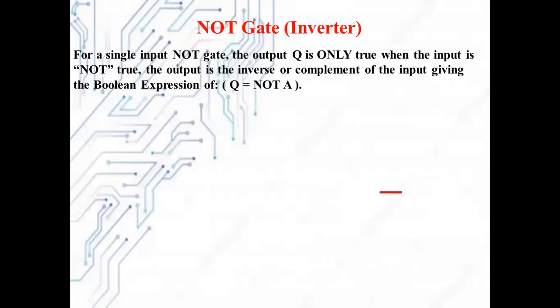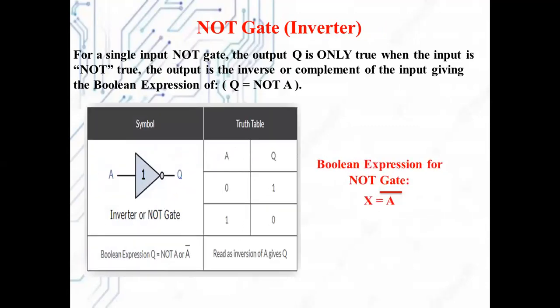So, NOT gate, for a single input NOT gate, the output Q is only true when the input is not true. The output is the inverse or complement of the input giving the Boolean expression. So, sabi dito, kung ang input ninyo ay hindi or NOT gate, di ba ang NOT gate kasi natin inverter or kabaligtaran.